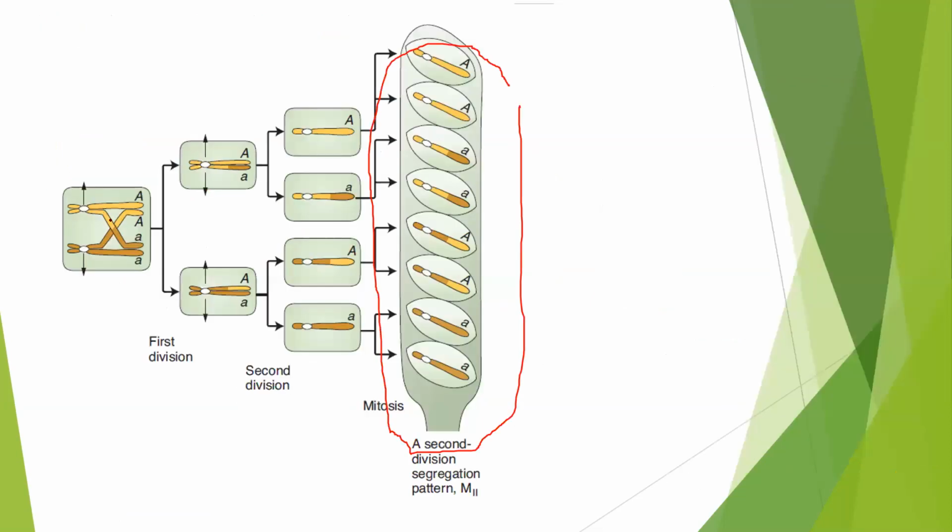However, if there's a crossing over, you're going to see the pattern changed: big A, small a, small a, big A, small a, small a. This is not the topic for this lecture, but in the future we are going to use this as a model to help us do the genetic mapping.